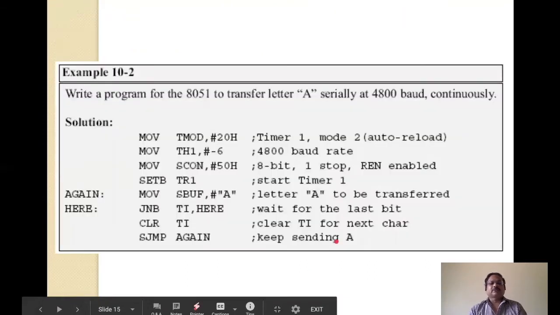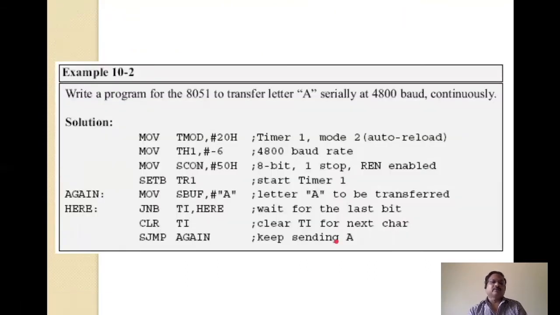Now here, a small program is written for transmitting the letter A serially at the baud rate of 4800. So as we discussed, these are the instructions used for initialization purposes.